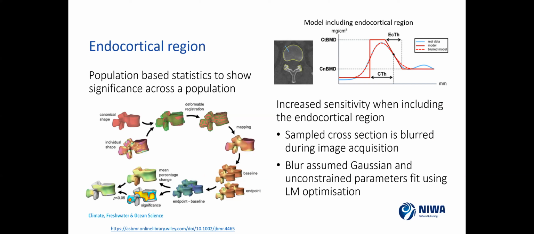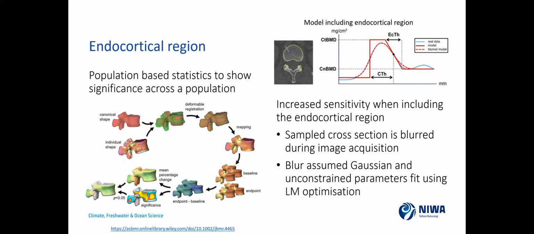We found that when we included this, having measured a profile through, in this case using an optimizer to end up with an optimal fit, it increased our sensitivity to discern between two populations, one that would suffer a fracture and one that would not.